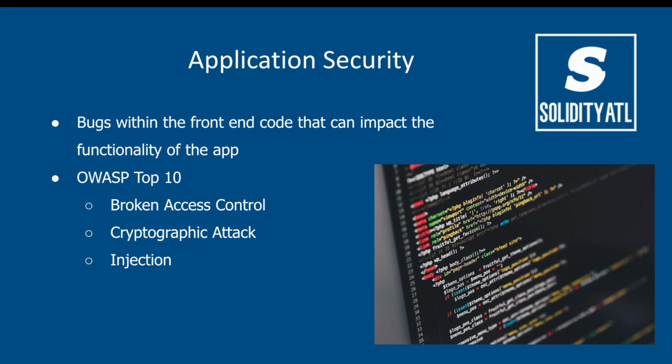Now, a big important part of AppSec is understanding and knowing the OWASP Top 10. OWASP is a standard that many cybersecurity professionals use for AppSec and understanding what the main bugs are that impact their environment or their web application.